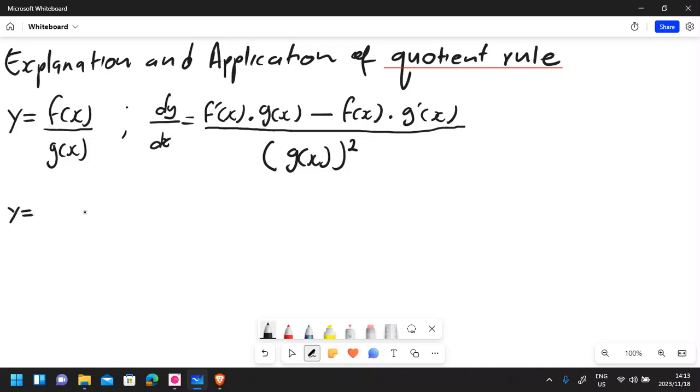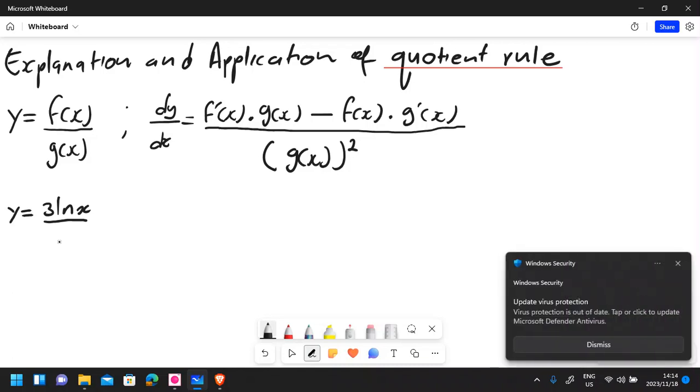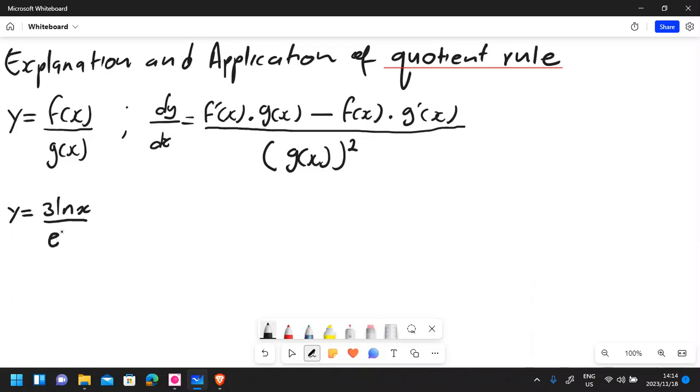Let's say we have y equals 3 natural log x over e to the power of 3x.